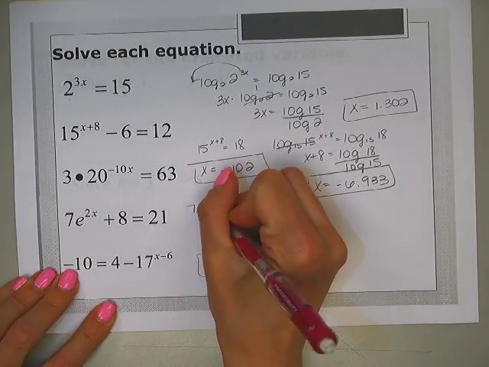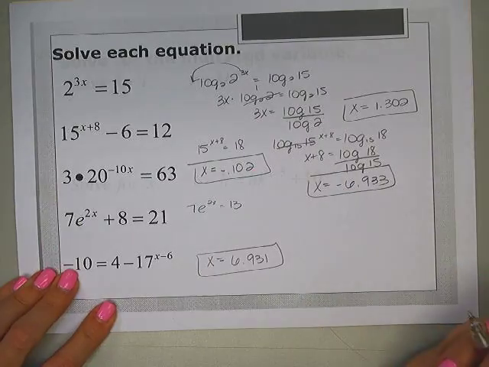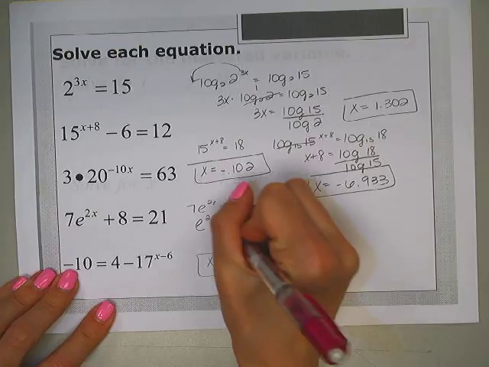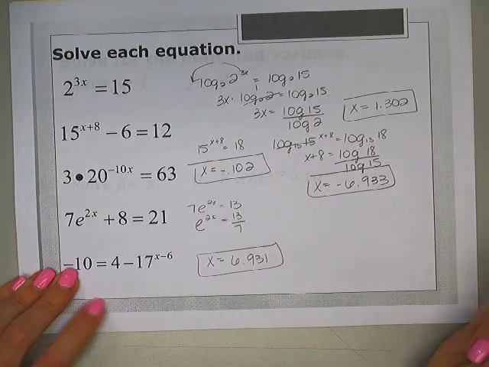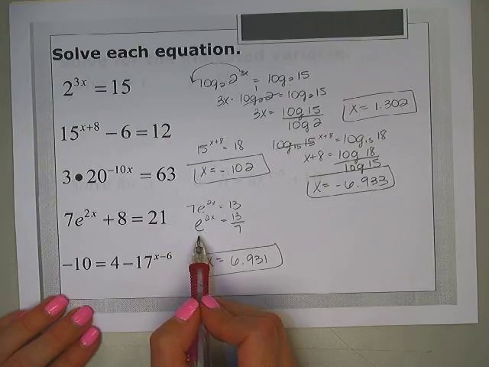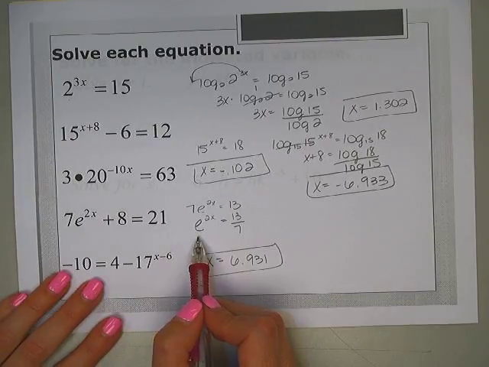I skipped him for a reason. The one in the middle, I still need to isolate my base first before applying a log. So I subtract 8 first. 7e to the 2x equals 13. Now divide by 7. e raised to the 2x equals 13 over 7.